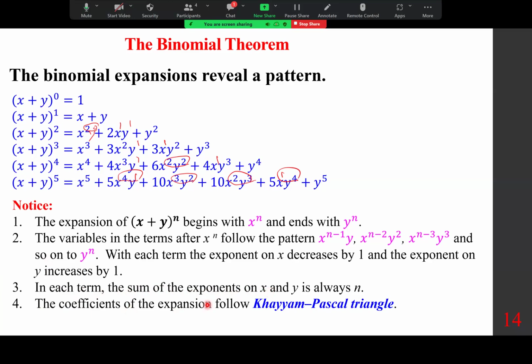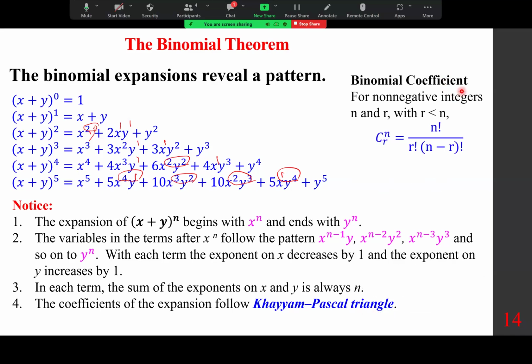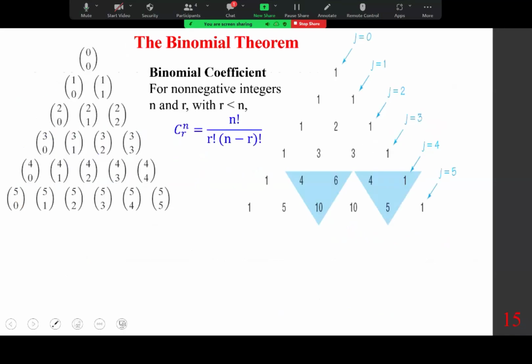The coefficients of the expansion follow Pascal's triangle. So the binomial coefficient is CNR, n factorial over r factorial times n minus r factorial. So the binomial theorem and the binomial coefficient. And what you are looking at is the Chinese triangle.